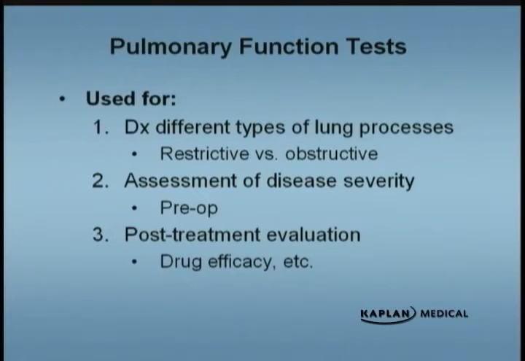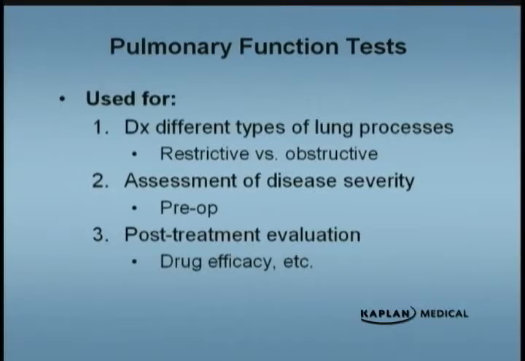And then we want to differentiate that from the other big group of diseases, the obstructive diseases, like asthma, chronic obstructive lung disease, emphysema, and chronic bronchitis. So the first reason to do a pulmonary function test is to differentiate between these two groups of diseases.